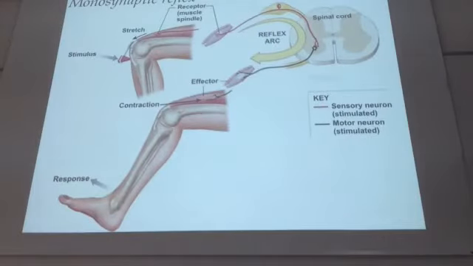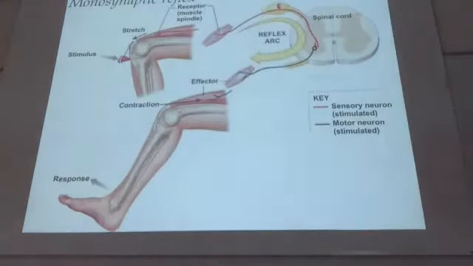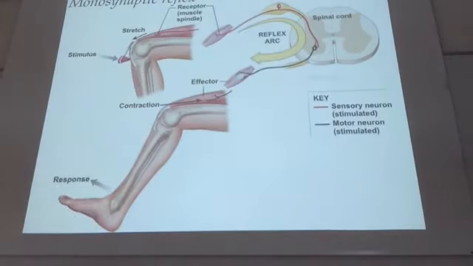There is an even simpler mechanism, but it has nothing to do with pain. It's called a monosynaptic reflex, and this is the knee jerk that we all know. It has to do with the muscle spindle receptor. When you hit the patellar ligament, you stretch the muscle.